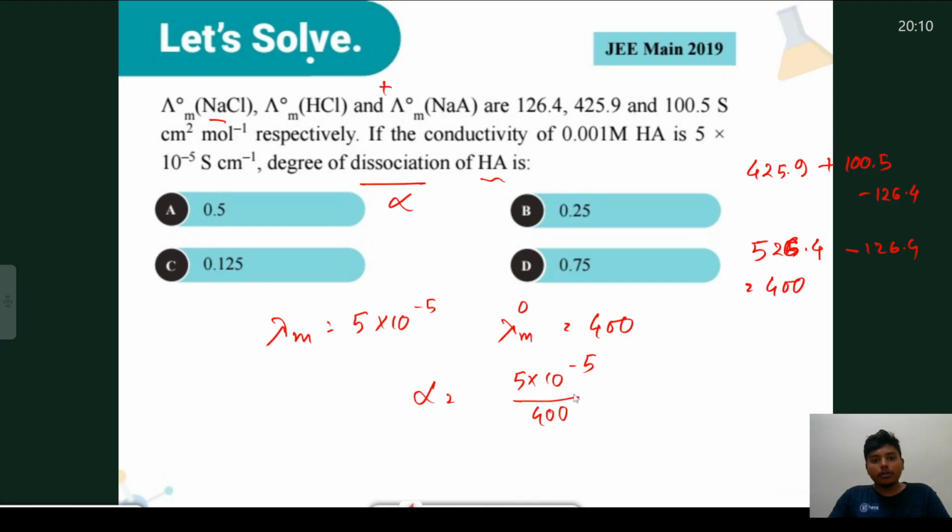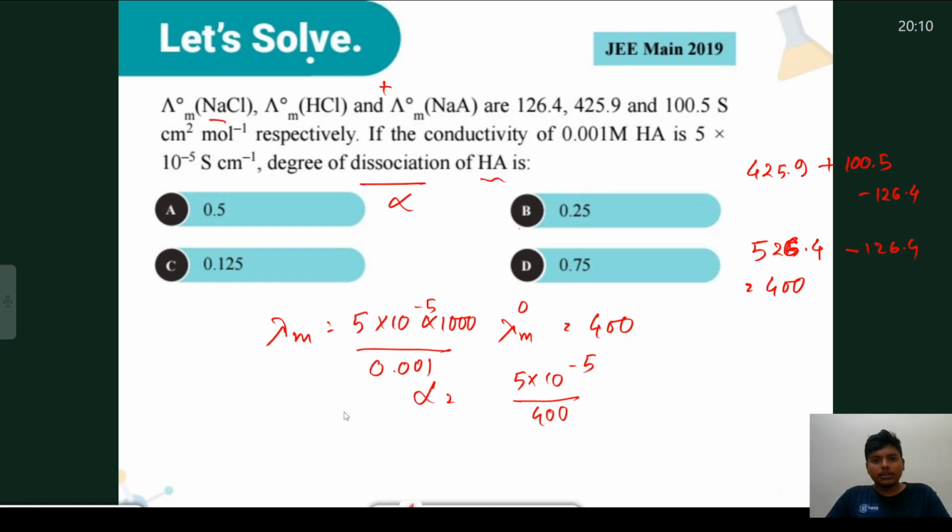If conductivity, kappa value, is given, molar conductivity we have to calculate. This is not lambda m. So lambda m is equal to kappa into 1000 by 0.001.